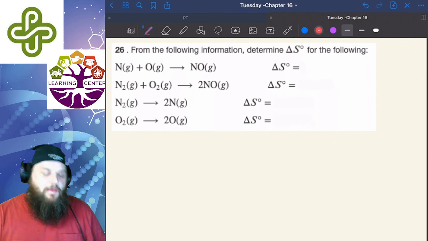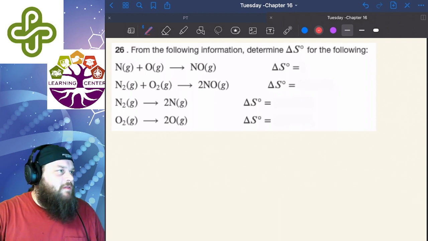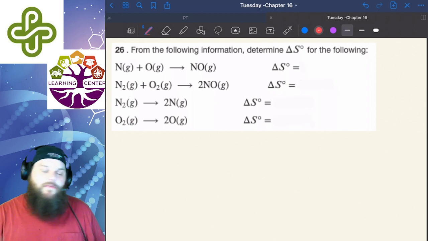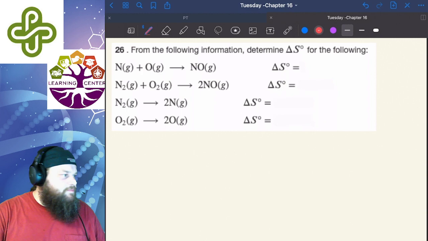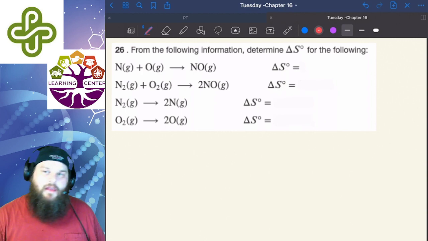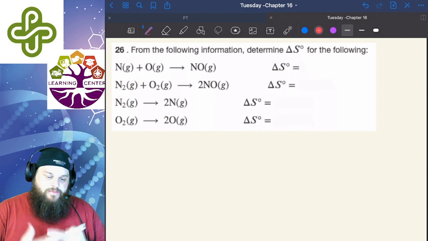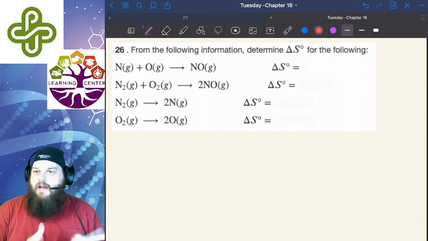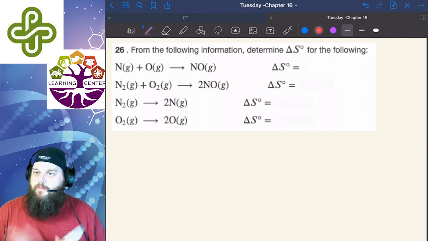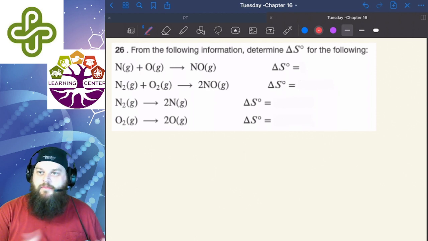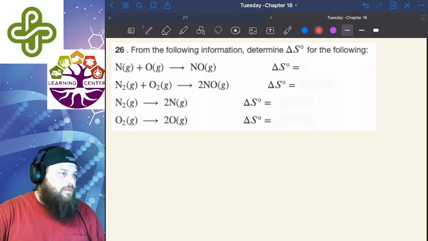We can do that by looking up what these values are in the appendix, and a lot of these values are tabulated for us. We look up the standard entropy for the reactants and the standard entropy for the products, and we do the sum of the products minus the sum of the reactants.